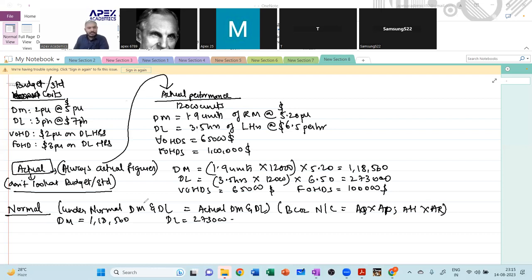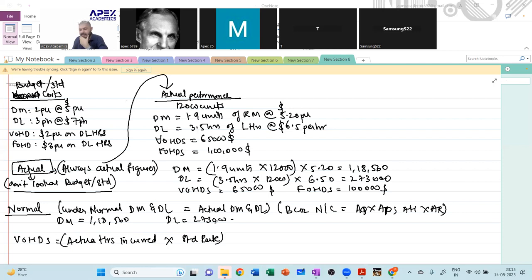Now let's take into consideration what the variable overheads are going to be. The variable overheads here are going to be actual hours incurred multiplied by the standard rate.